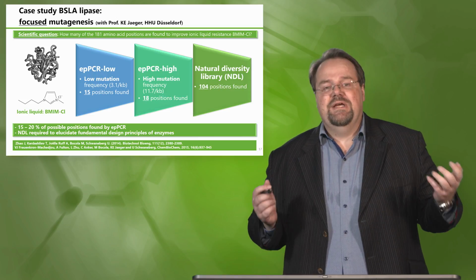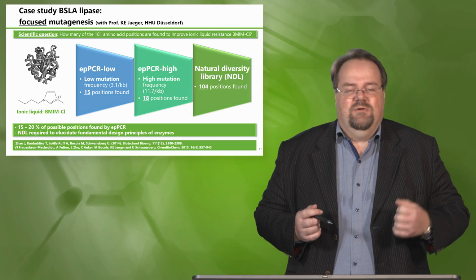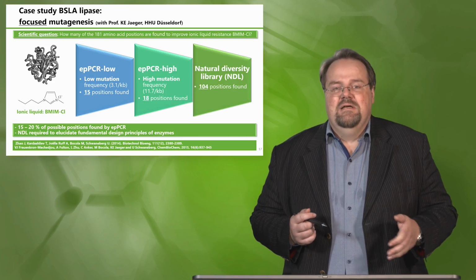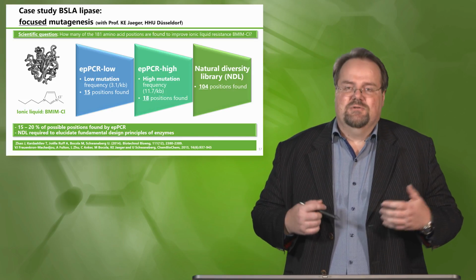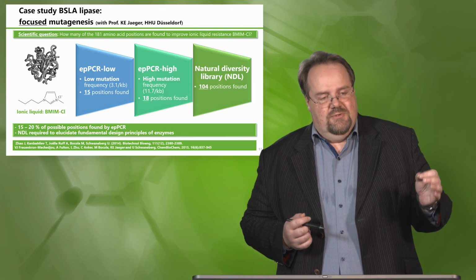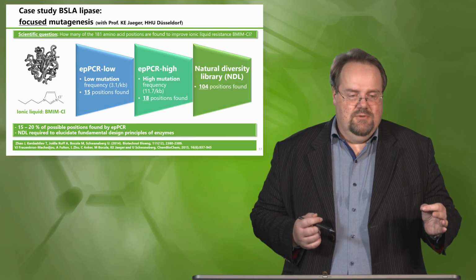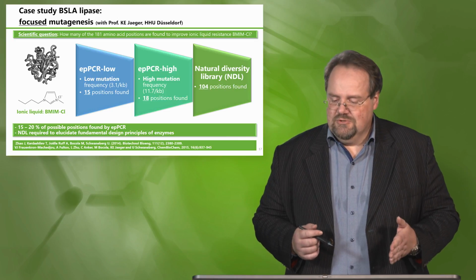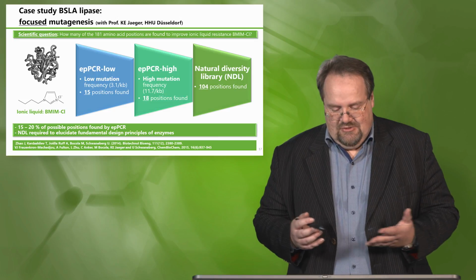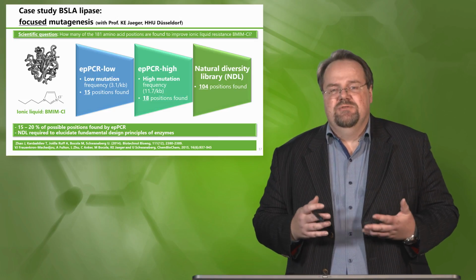You can say, oh, who cares about salt resistance? But this is quite similar for organic solvents, for detergents, and many other properties. So you cannot deduce from error-prone experiments conclusions to general principles of re-engineering proteins.